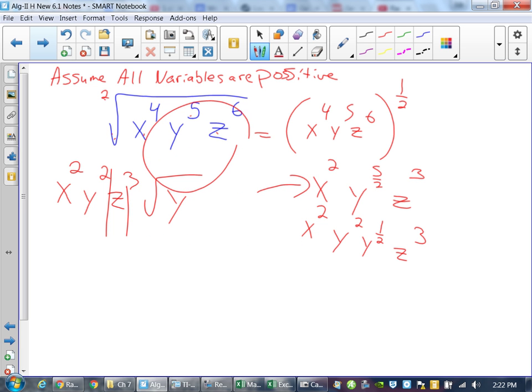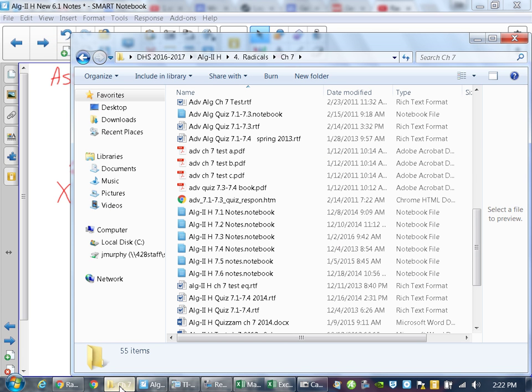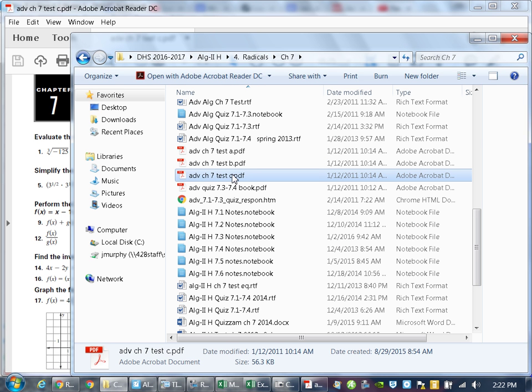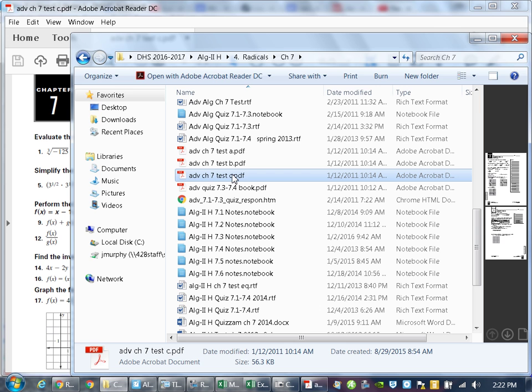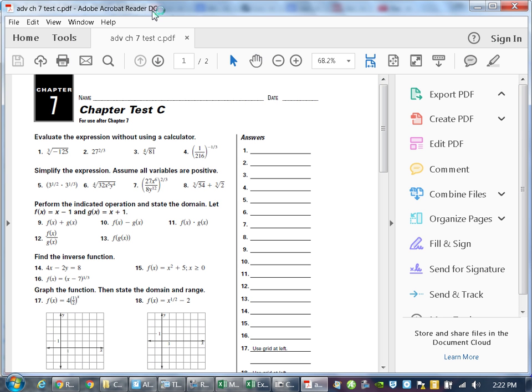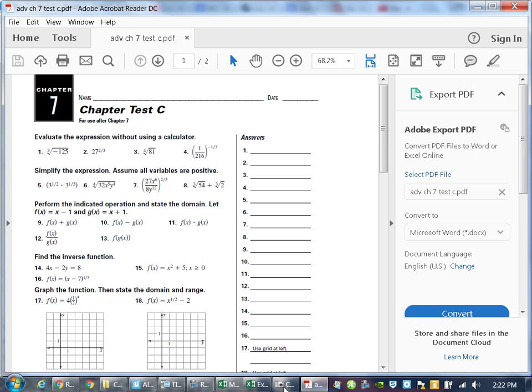beyond when we get to stuff like this, it'll look like x squared y to the 5 halves z cubed. It'll look like that when we have a problem like, what does it look like? If I wanted to simplify something like this.